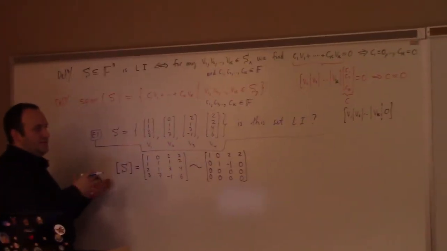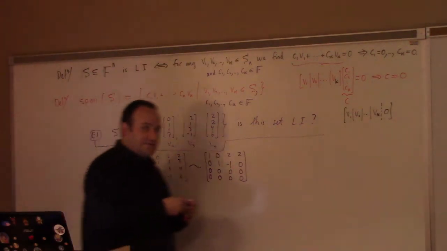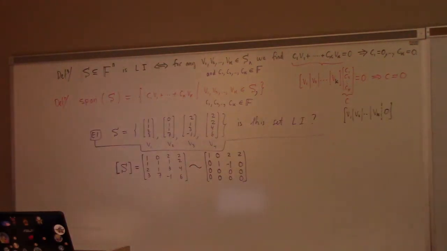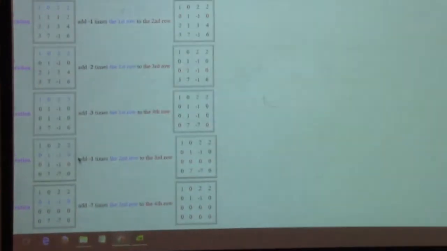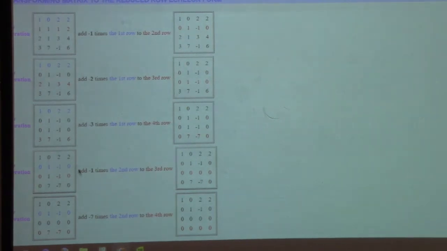But anyway, so there it is. So is this a linearly independent set then? Is S a linearly independent set? What does that matrix say about the system of equations, taking a linear combination and setting it equal to 0?